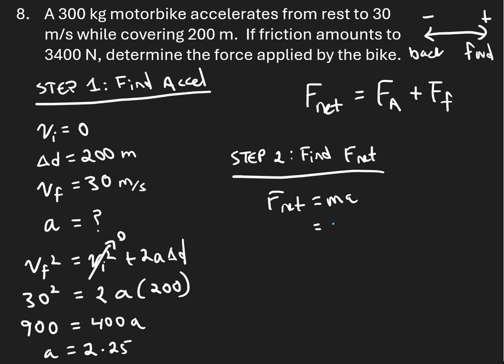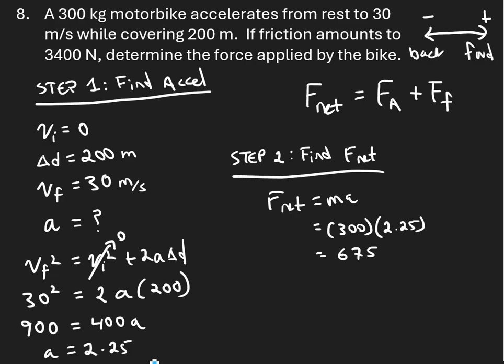Mass is 300. Acceleration we calculated previously, it's 2.25. So we'll say that's 675. This is newtons because it's a force. So our total force is 675, but we know we've got a forward force and a frictional force. When we add those together, we get that 675.